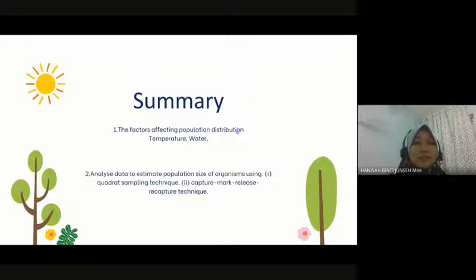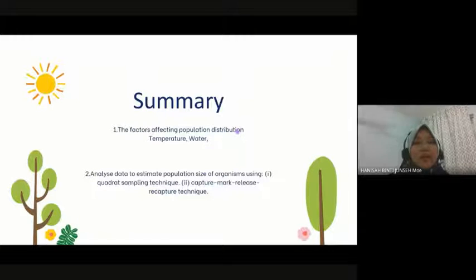Okay, so a summary for these slides, we had already looked at the factors affecting population distribution, such as temperature, water, light, pH of the soil, and of course the mineral salts content. And for animals, the factors affecting population distribution are temperature, water, breeding site, and food supply.